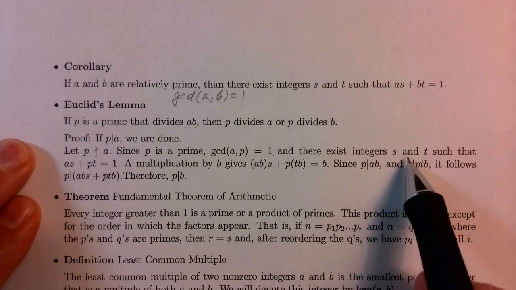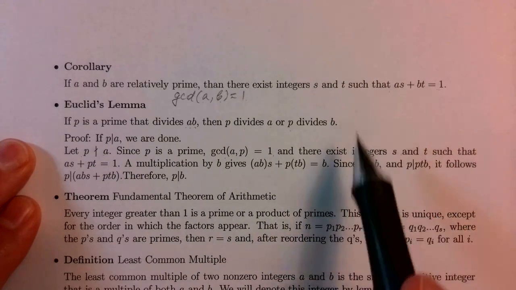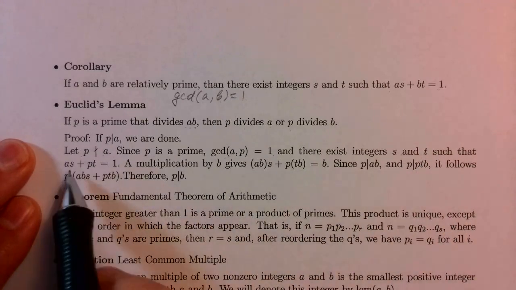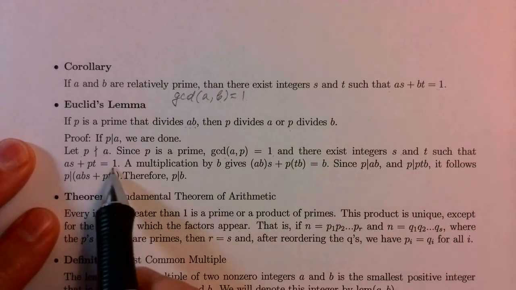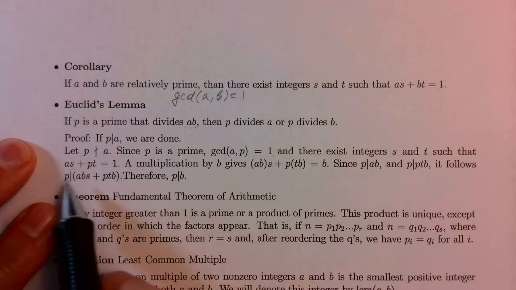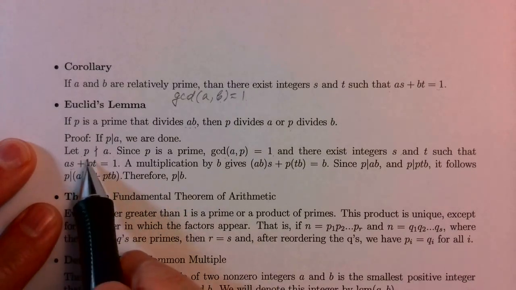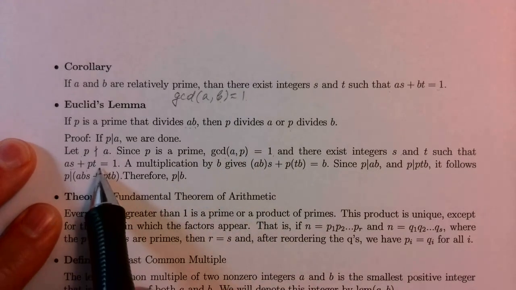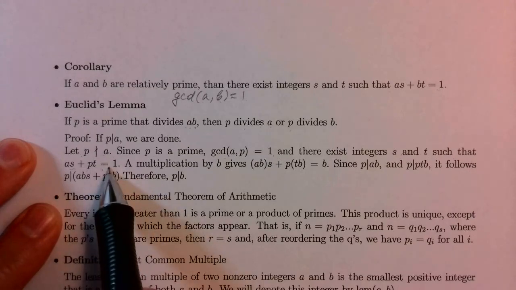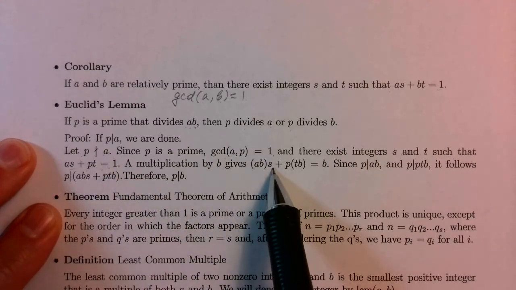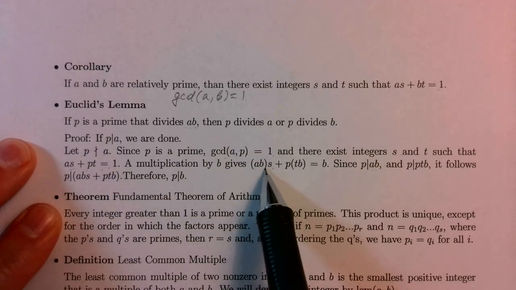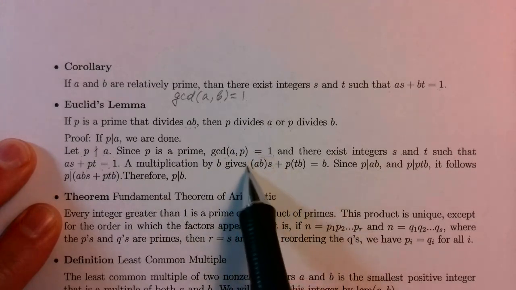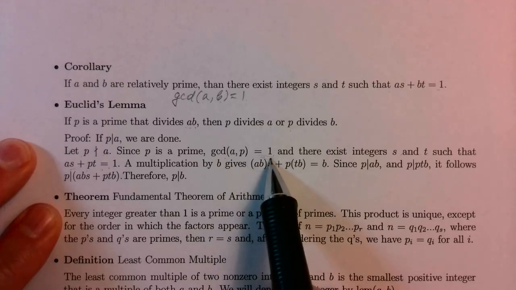Since P is a prime, the GCD of A and P is 1. And there exist integers s and t, according to the corollary, such that 1 is a linear combination of A and P. Now multiply this equality with B, we get this. Here P divides the product, so P will divide this number.